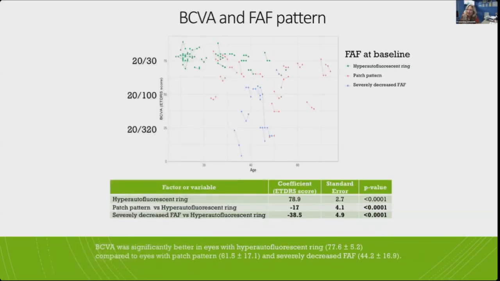We correlated best corrected visual acuity and fundus autofluorescence pattern. Best corrected visual acuity was significantly better in eyes with hyperautofluorescence ring, as you can see in green, compared to eyes with patch pattern in red and severely decreased FAF in blue.